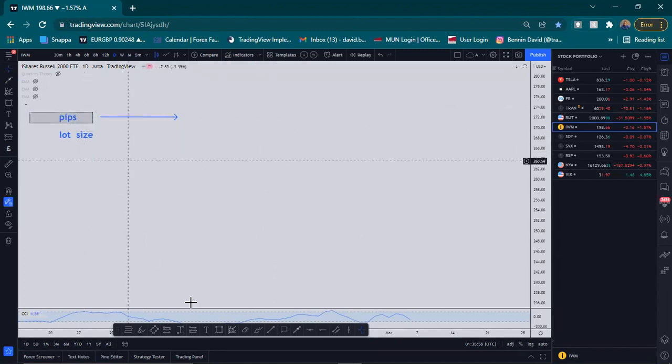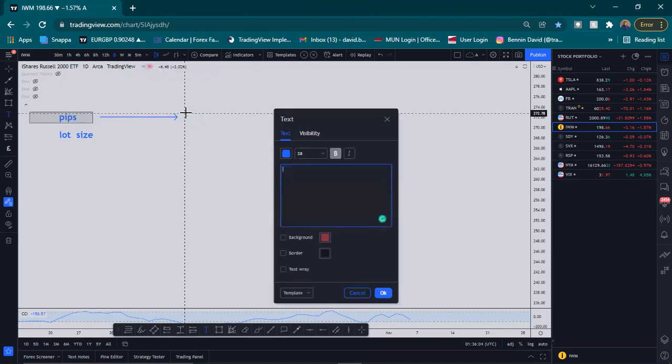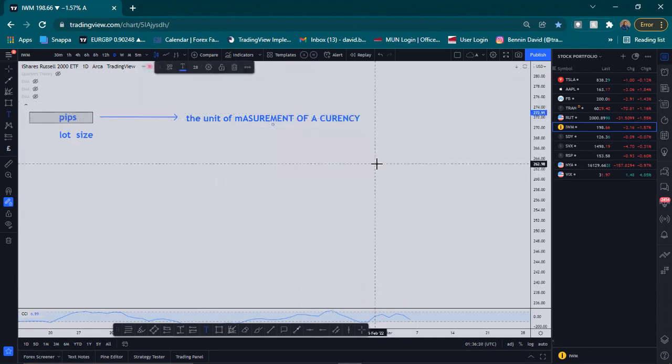Right. So when we say pips, let's say it is the unit of measurement of a currency. It is what we use to measure how much change is happening in the currency.